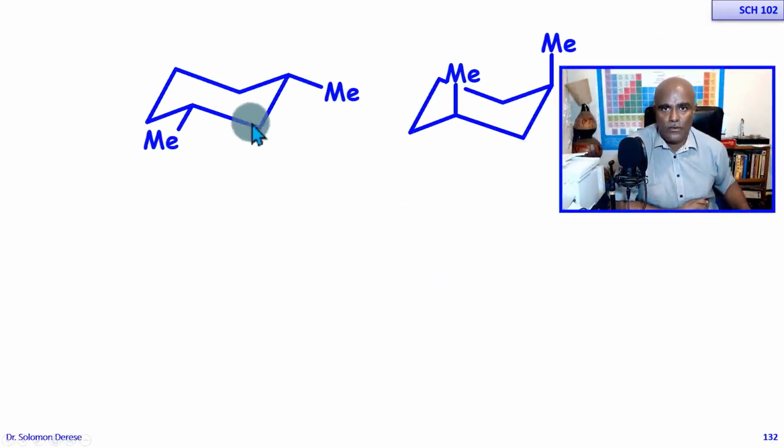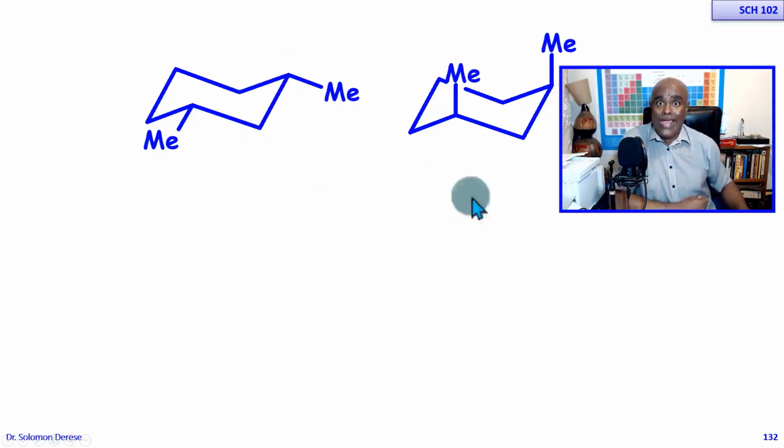So let's look at this one. This is a situation where the methyl groups are 1,3 related. This is position 1, this will be position 2, and then this will be position 3. Both of them are 1,3-dimethylcyclohexane. Are these the same molecule or different? Let us investigate.